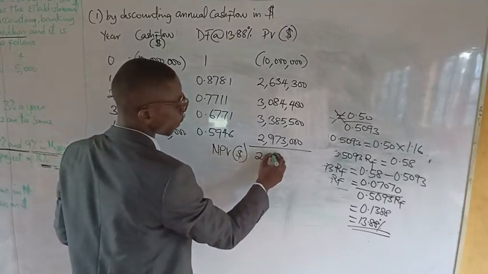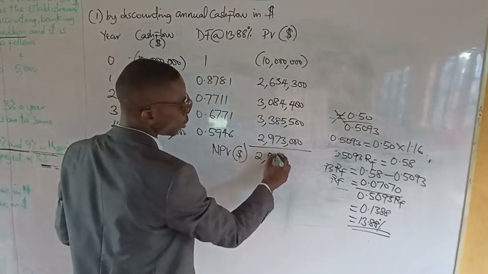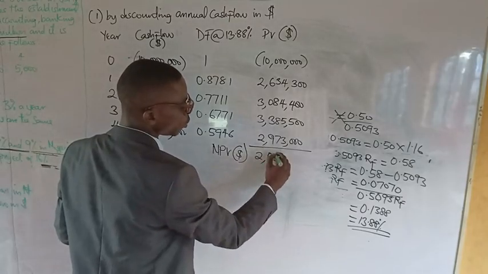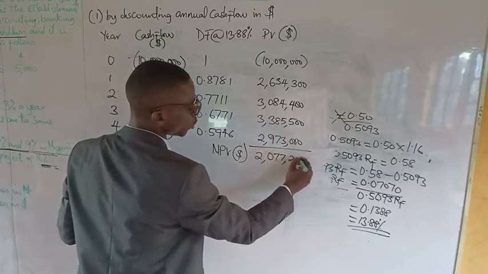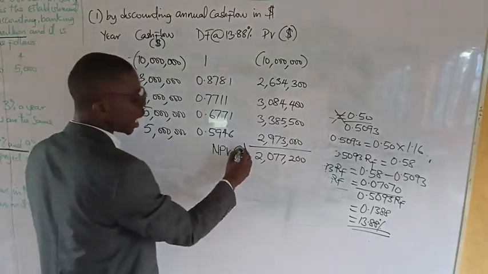Two million, 2,00... That's the NPV in dollars.